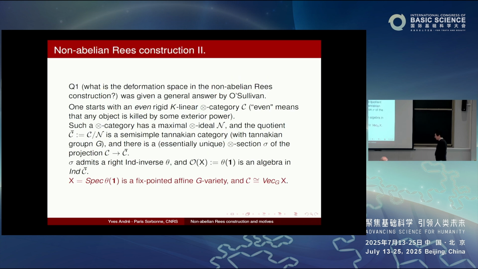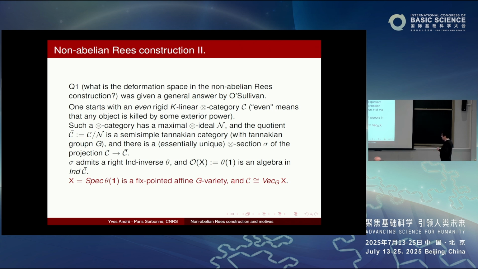So let us now deal with the first question, which was the question of what the deformation space is in the case of a non-abelian Rees construction, that is, when you replace Gm by an arbitrary reductive group. And a quite general answer was given by Peter O'Sullivan.